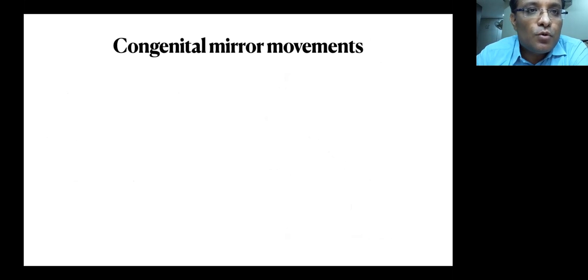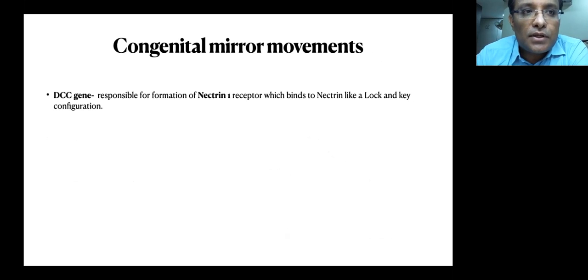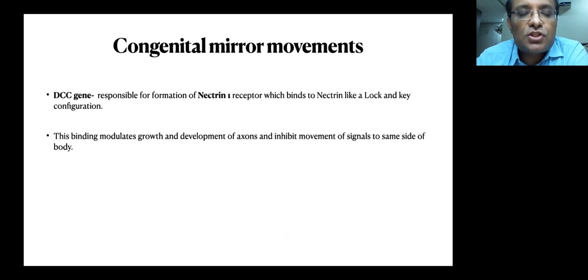Now, in congenital mirror movements, it is said that the gene DCC is responsible for formation of the netrin-1 receptor, which binds to netrin like a lock and key configuration. And this binding modulates growth and development of axons and inhibits movement of signals to the same side of the body.